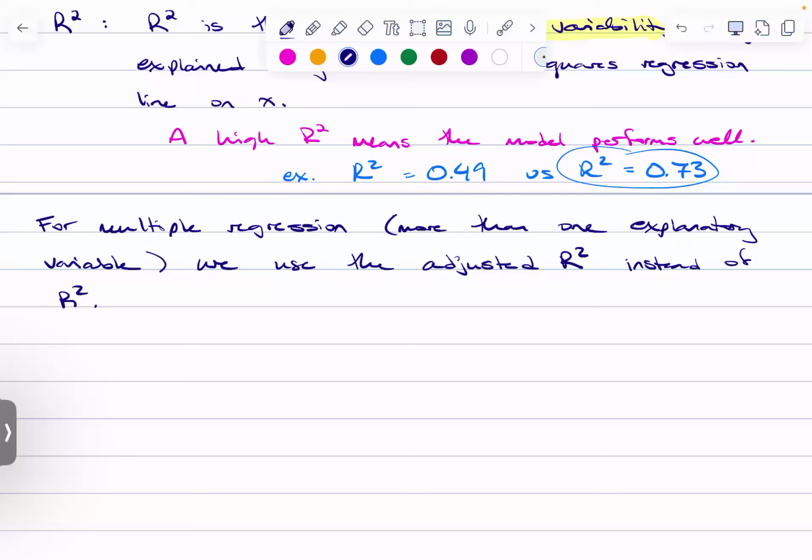It behaves the same way. It's just that you're penalized for having too many predictors, right?